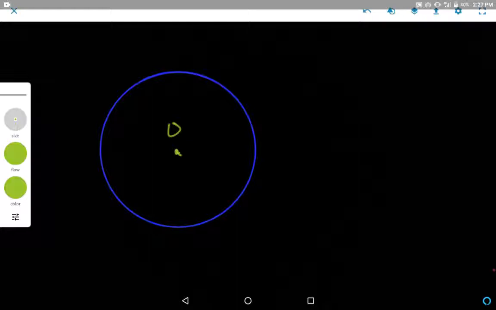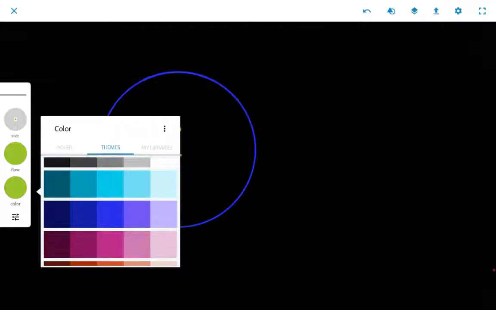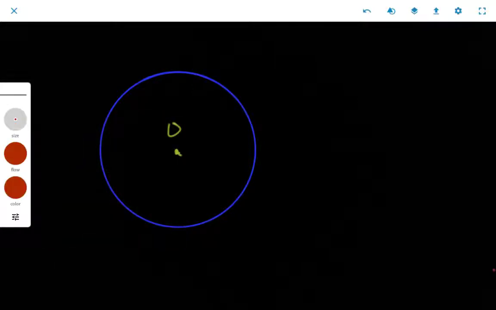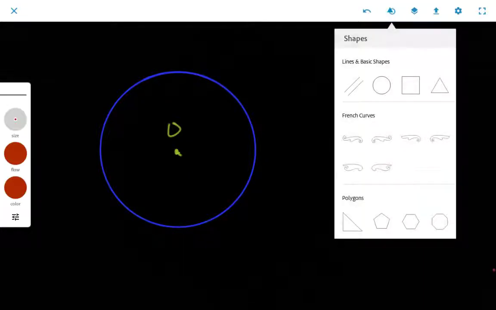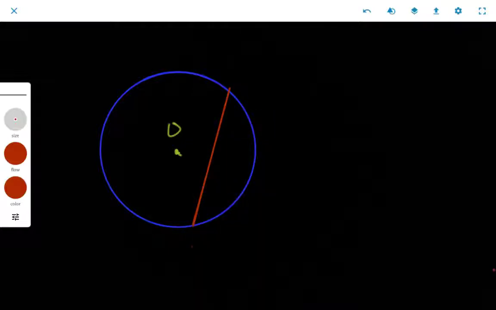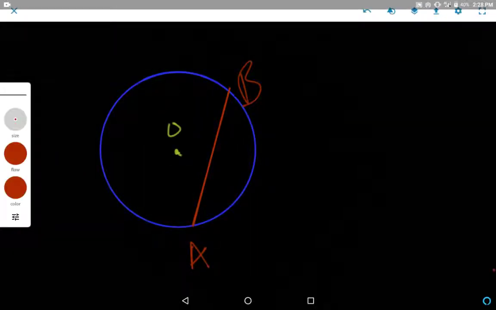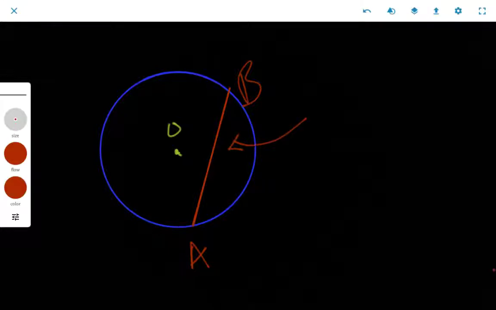Now the interior I told you. This interior region is also called the circular region. Then what is a chord now? Color obviously I have to change, it has to look good. Let me draw a line here. So this length AB is called the chord.